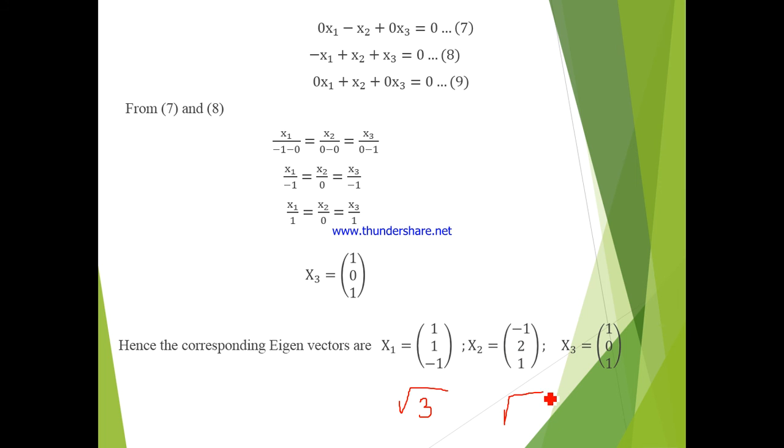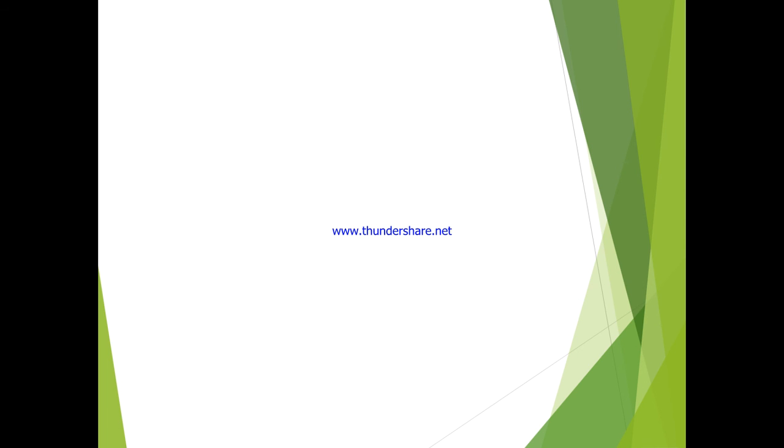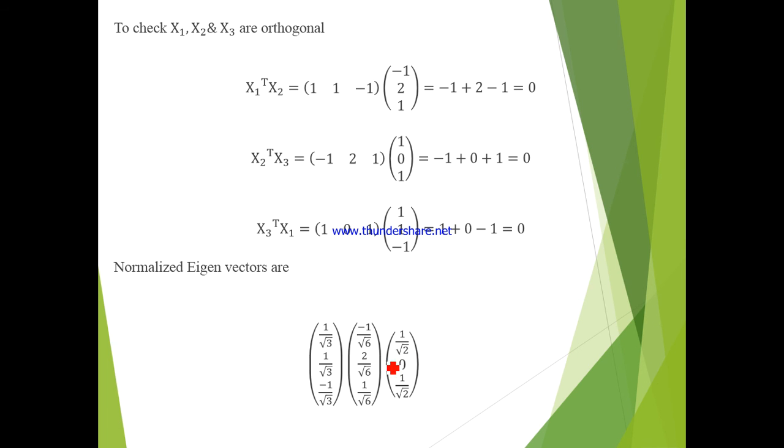For X2, square root of 1 square plus 2 square plus 1 square is root 6. For X3, 1 square plus 0 square plus 1 square is 2, so root 2. We divide each element of X1 by root 3: 1 by root 3, 1 by root 3, minus 1 by root 3. Similarly we divide by root 6 and root 2. So we get the normalized eigenvectors.